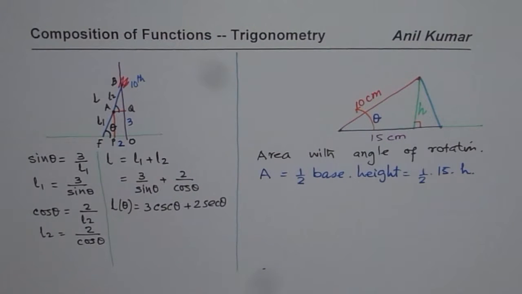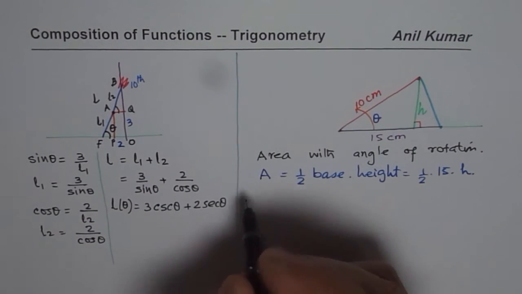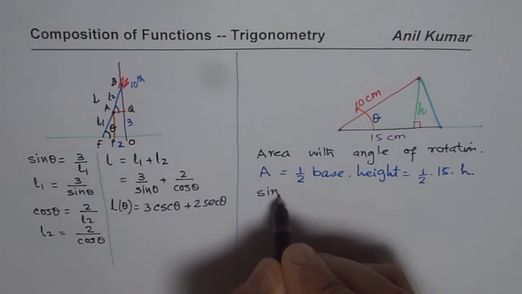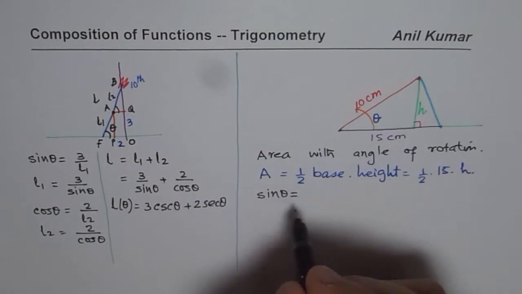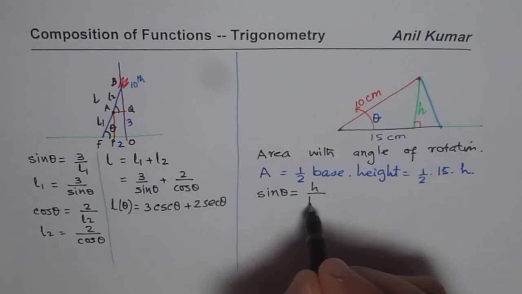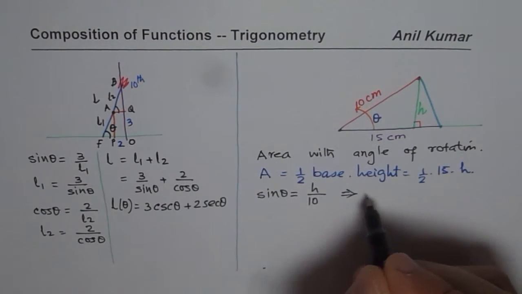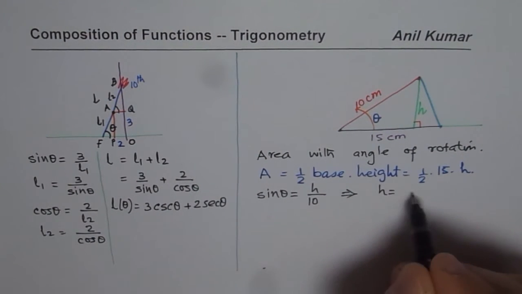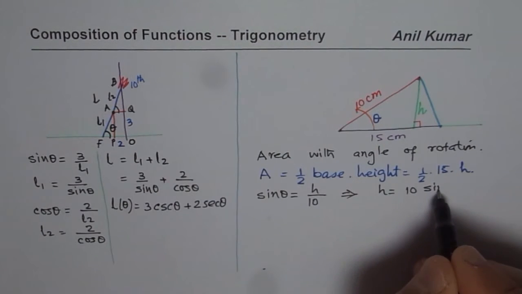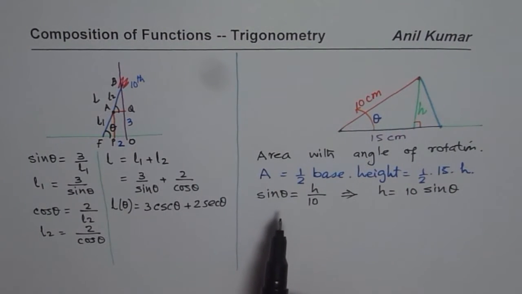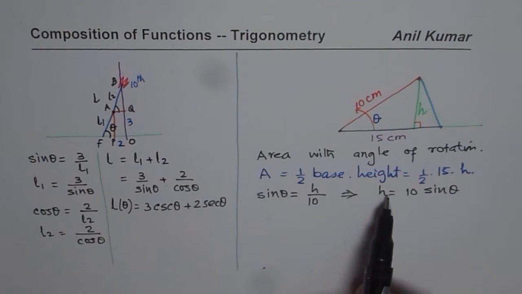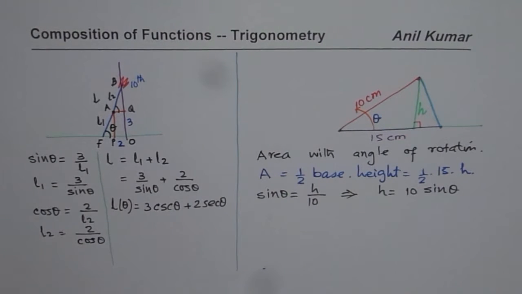So sine theta is the relation which connects them. So sine theta equals height over 10, right? And so that gives us that height is equal to 10 times sine theta, right? So we get a relation between height, which is a dimension of length, in terms of angle, correct?